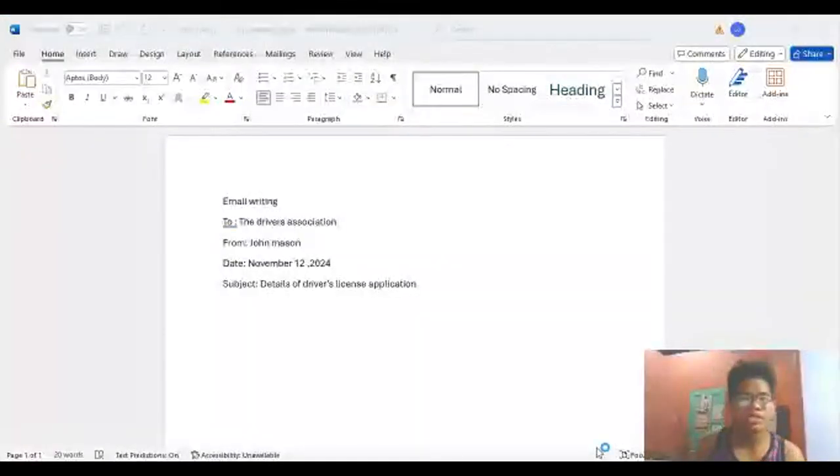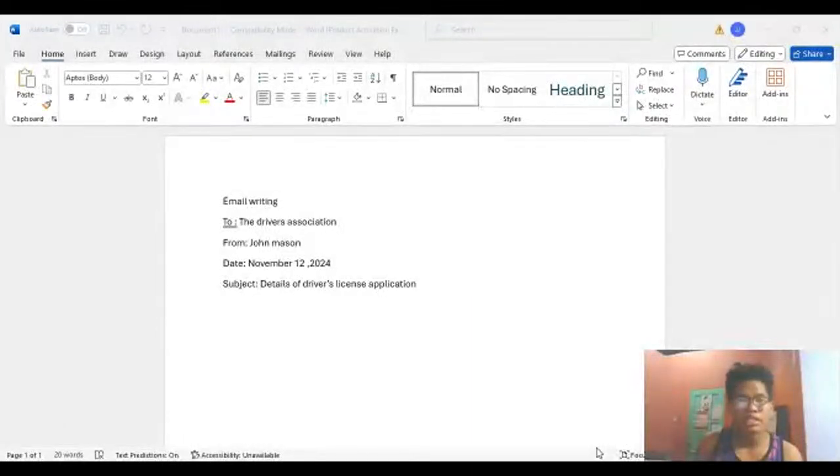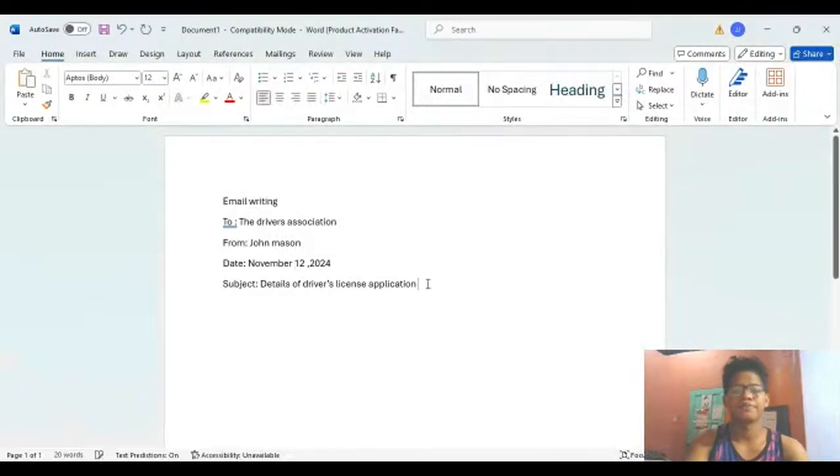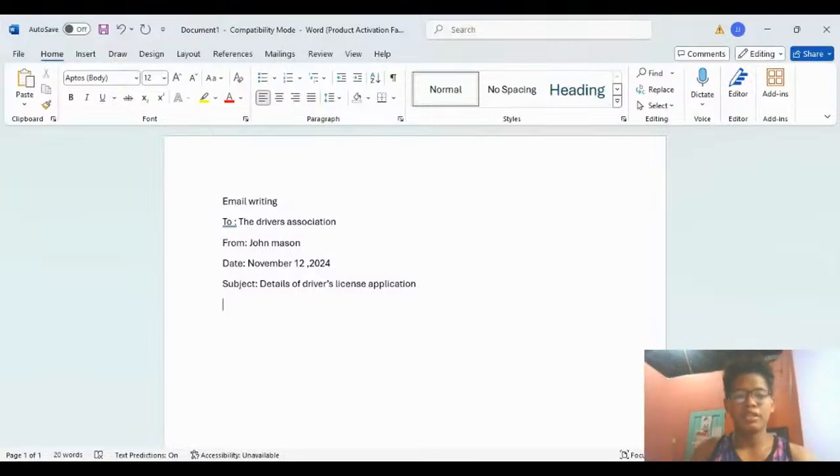So we want to understand the minimum age to attain a driver's license, the test, theory and practical, which must be taken, the length of time it takes to get the license after passing the test, the days the tests are taken, and the cost of the driver's license. So actually, let's start writing. This is the easy part: details of driver's license application.